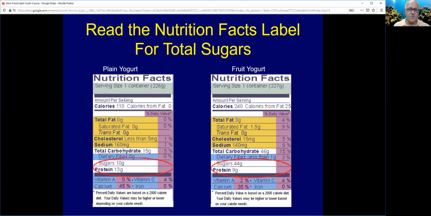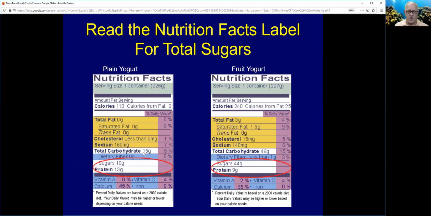Well, the plain yogurt, and I'm going to go down the left side, and then we're going to alternate back and forth here. The plain yogurt for 1 serving size has 110 calories. The fruit yogurt has 240 calories. Plain yogurt has 0 fat, whereas the fruit yogurt has 3 grams of fat. But we're going to jump all the way down to the sugar area.